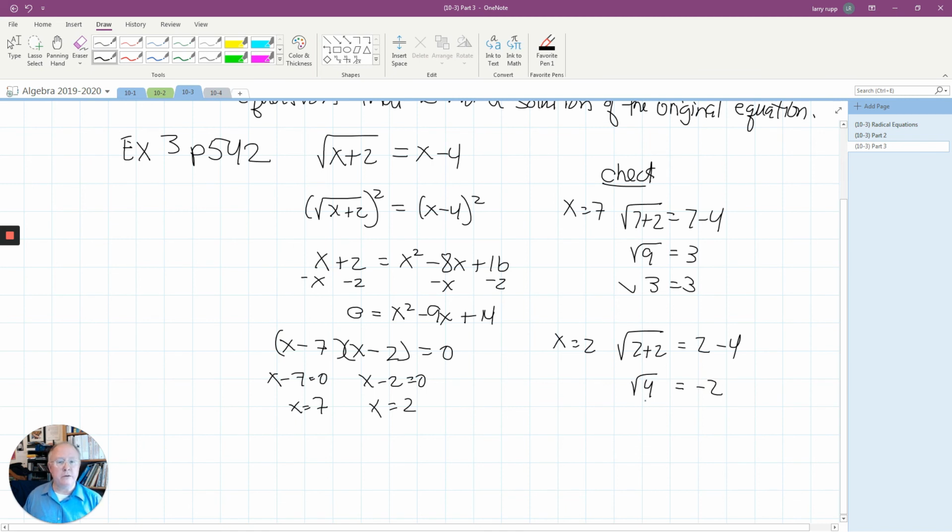The square root of 4 is what? It's 2. Now this is where I don't want you getting confused. These are all numbers. There's no negative sign out in front of the radical here. Nothing. It's a positive root, so we want positive 2. So in this case, positive 2 does not equal negative 2, and this is the extraneous solution.